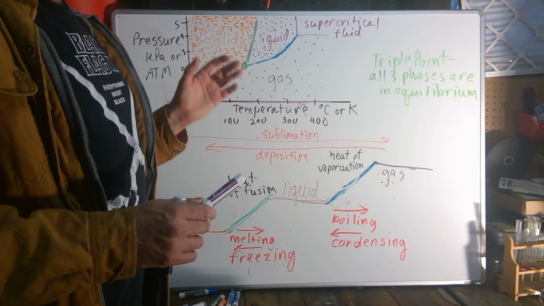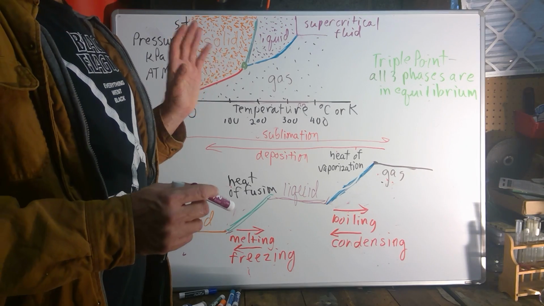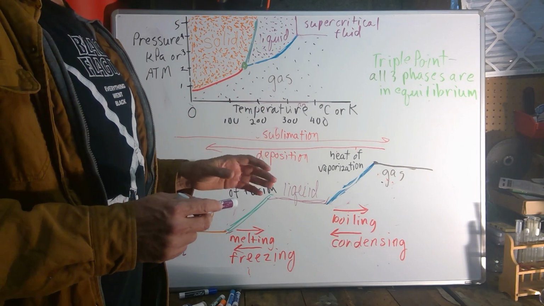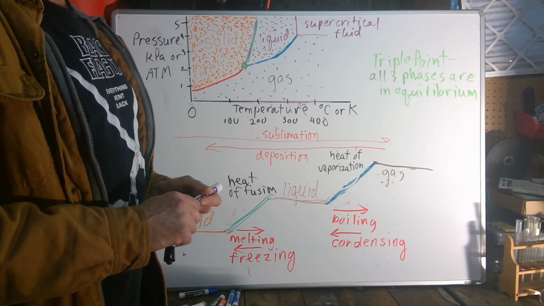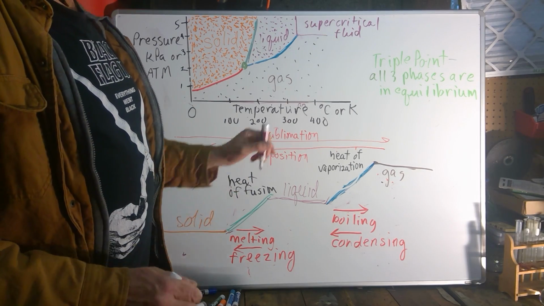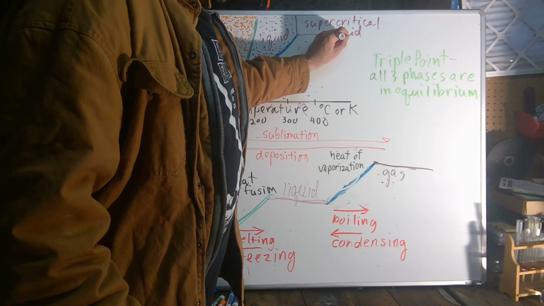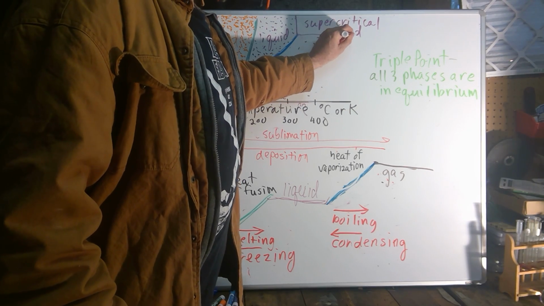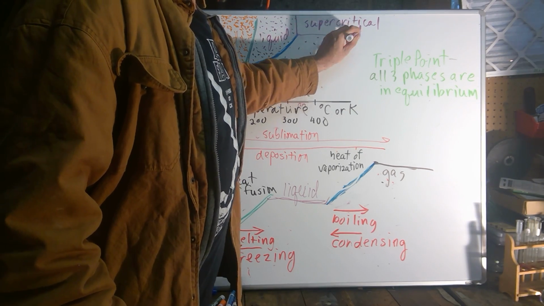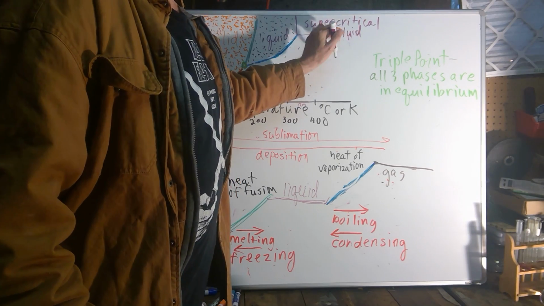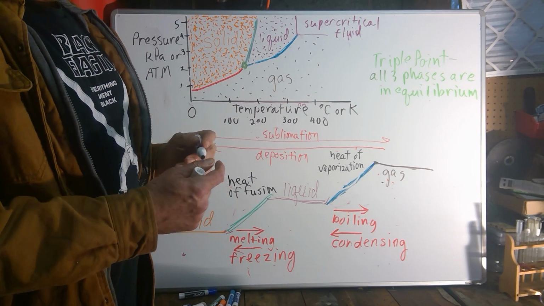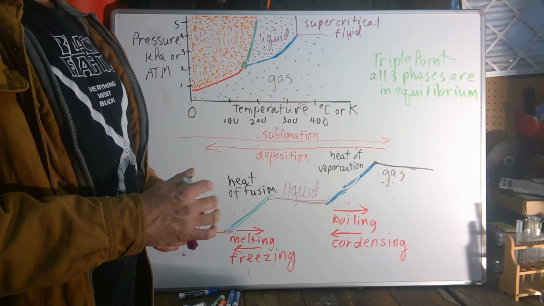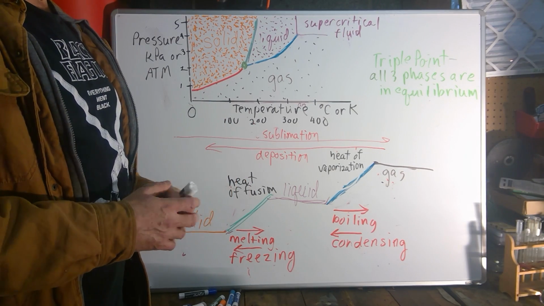It's too hot to act as a liquid, but it's too pressurized to act as a gas. So it exhibits properties of both. And so thus we have this zone, which is always reserved for the upper right regions of a phase diagram chart, the supercritical fluid.